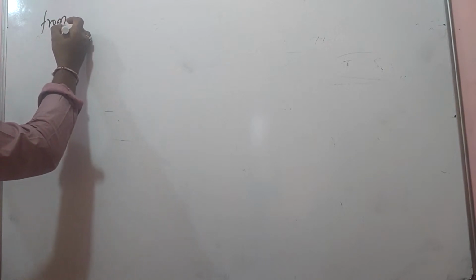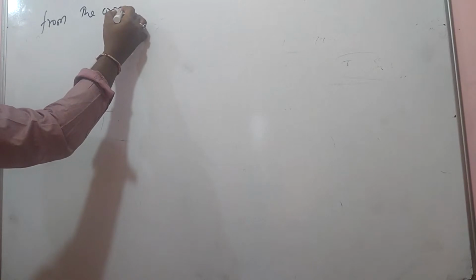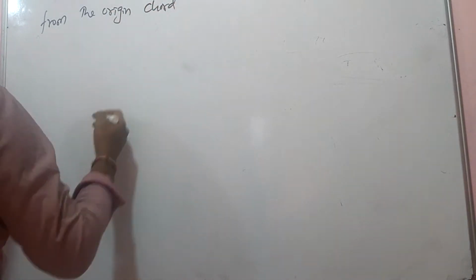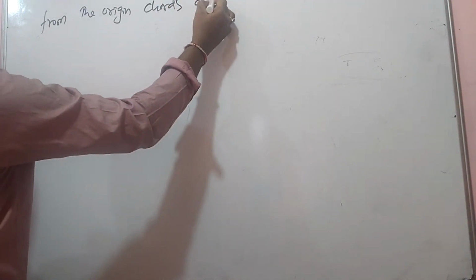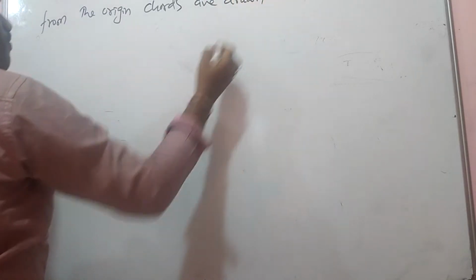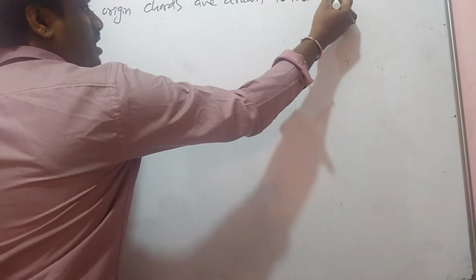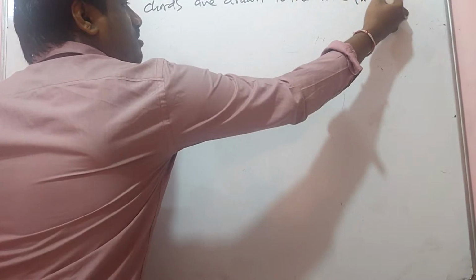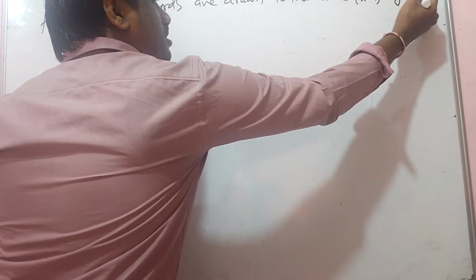From the origin, chords are drawn to the circle (x minus 1) whole square plus y square is equal to 1.